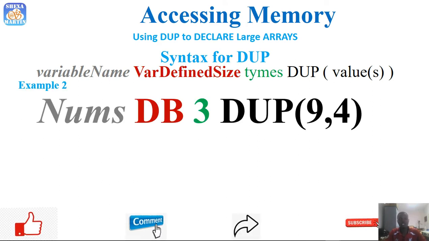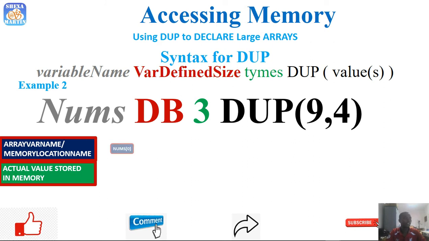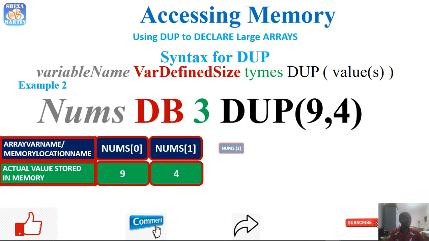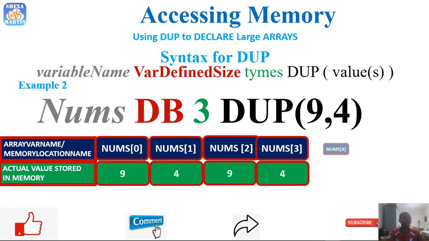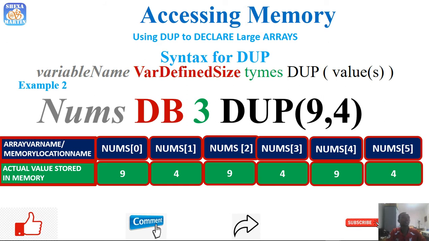Right, let's now repeat 9 and 4 three times. I think you now know how it's going to be repeated. It's going to be repeated that way: 9 4 9 4 9 4. So we have 9 three times, 1 2 3. We have 4 three times, 4 4 4.